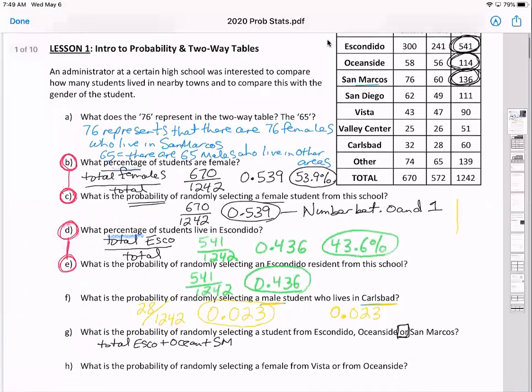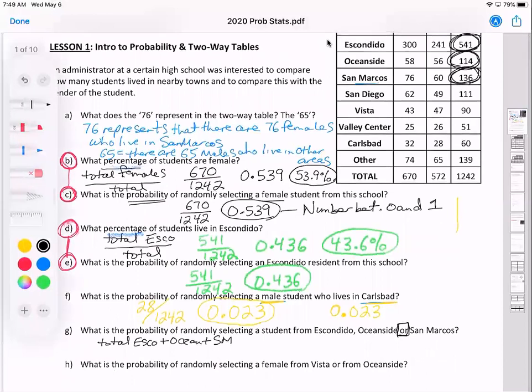And we're going to divide that by the total of all the students. So Escondido plus Oceanside students plus San Marcos students all over the total number of students. So this will give us 541 plus 114 plus 136, so 791.